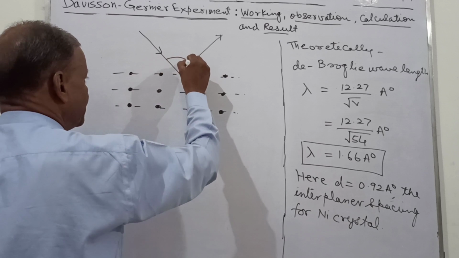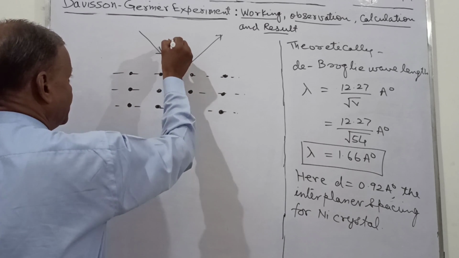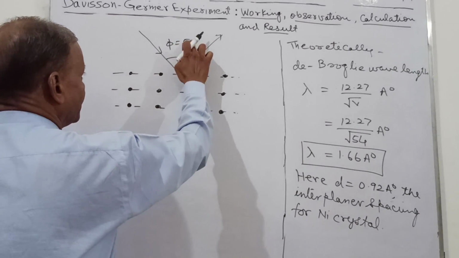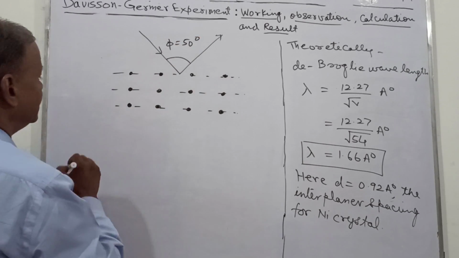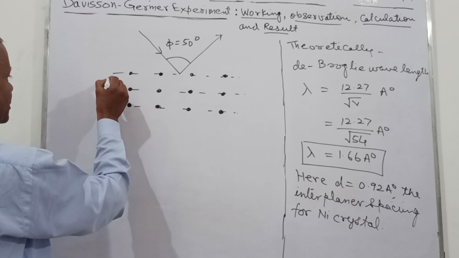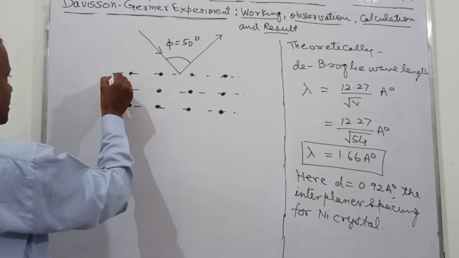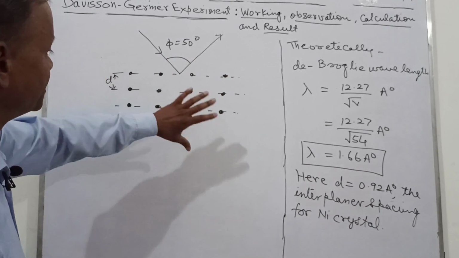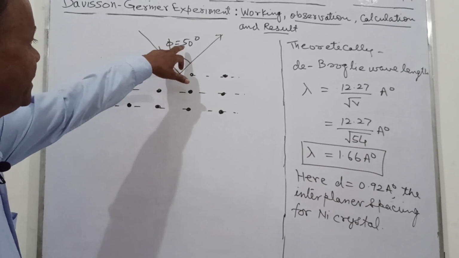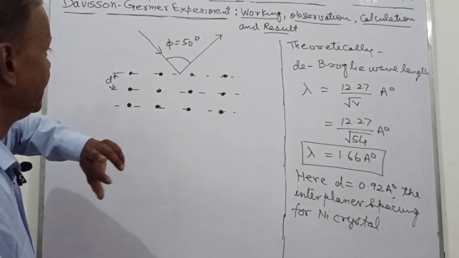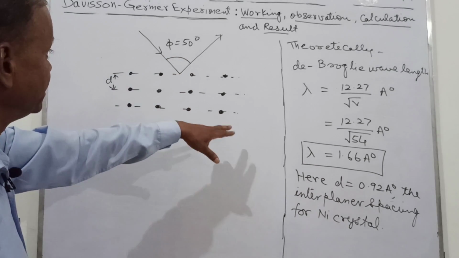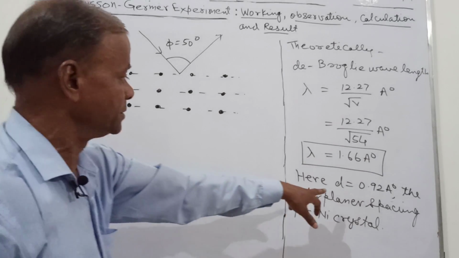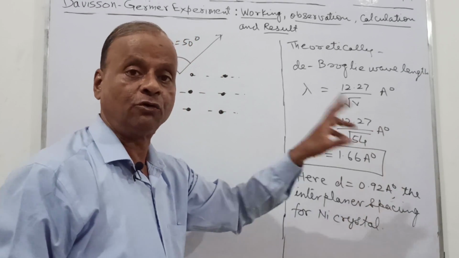So this angle is φ, which is equal to 50 degrees. This is the value of d, the interplanar spacing of this crystal lattice. So this is the angle of diffraction φ, and this d is given to us as 0.92 angstrom. This is known to us.